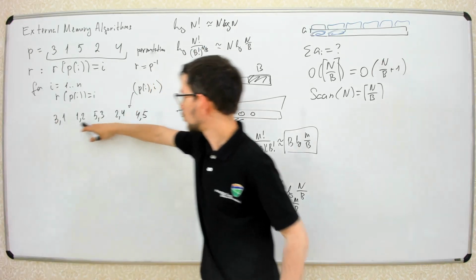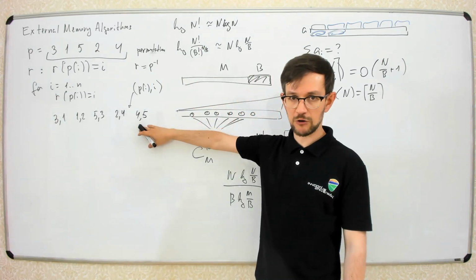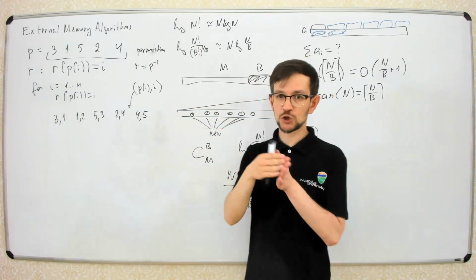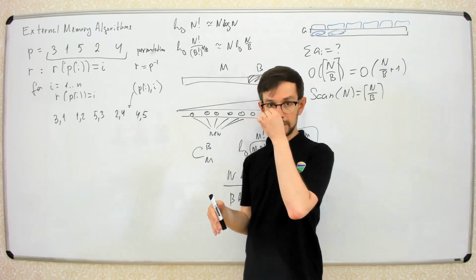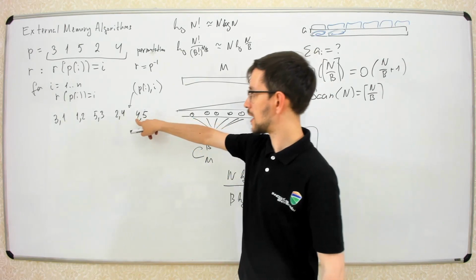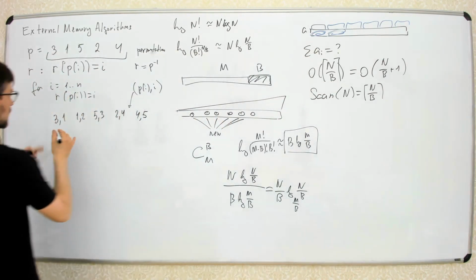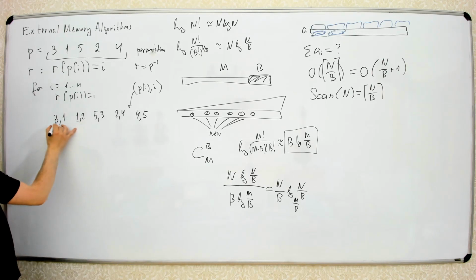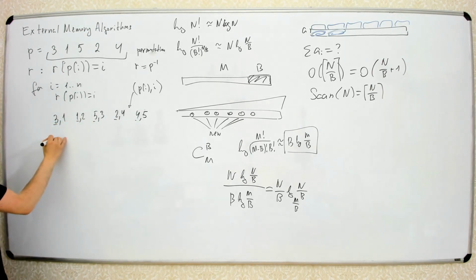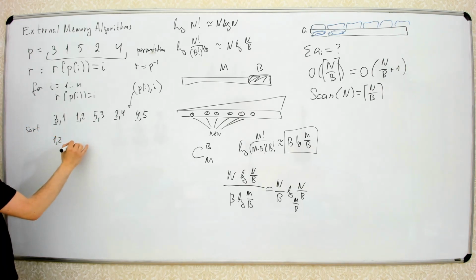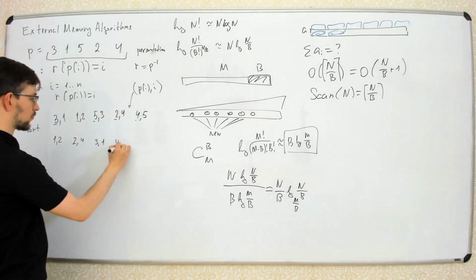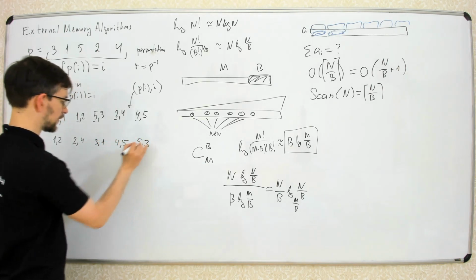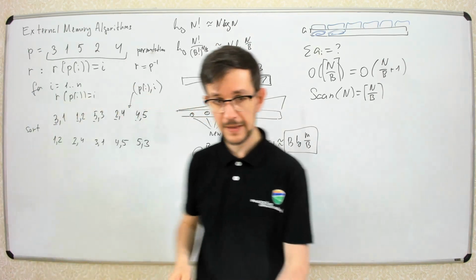So I want to apply these operations to my array. Now I will just sort this list and make these operations in sequential order. I will sort this list by the index of the array. So I have the pairs sorted: (1,2), (2,4), (3,1), (4,5), (5,3).